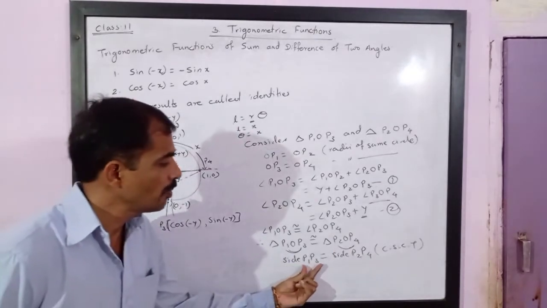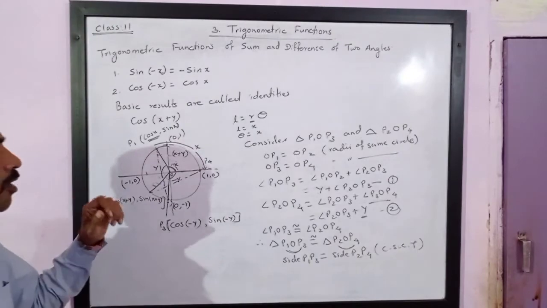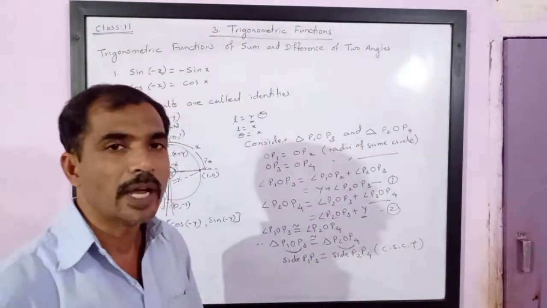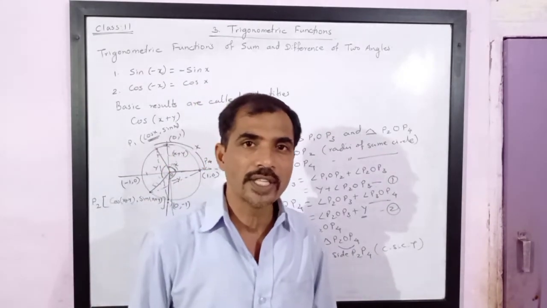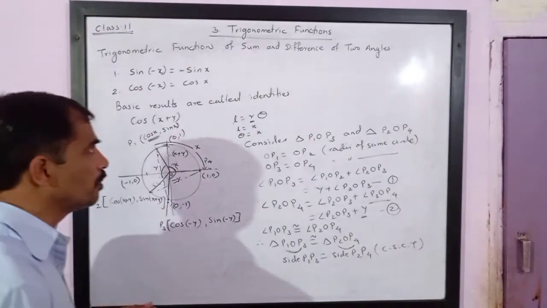But what is the length of P1 P3 and what is the length of P2 P4? That can be found with the help of those coordinates. Now we have already studied in coordinate geometry. By using the distance formula, we can find the distance between the 2 points if the coordinates are known. And the distance formula, I hope everybody knows.